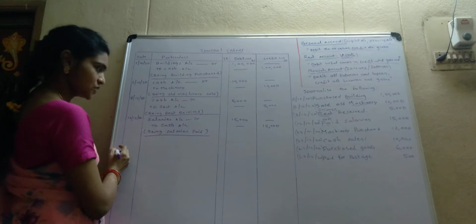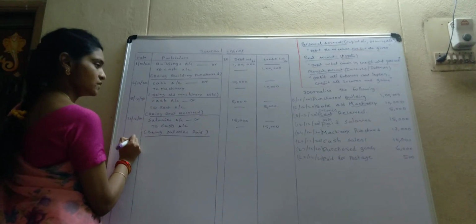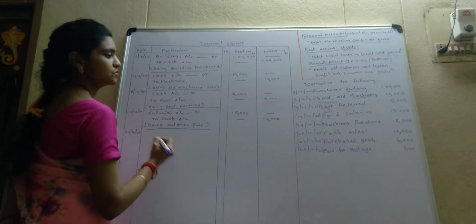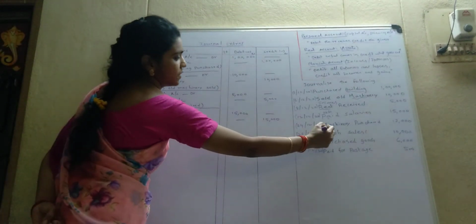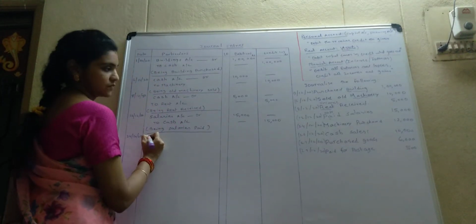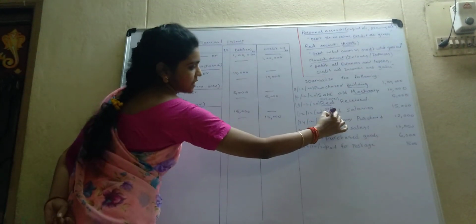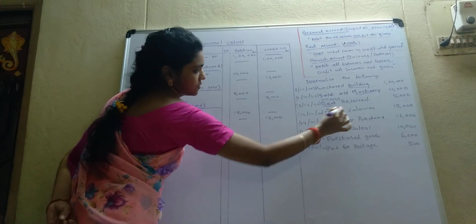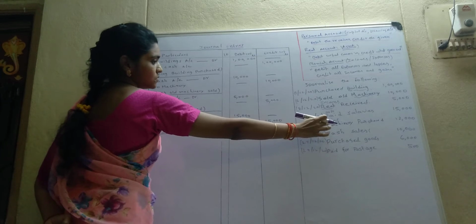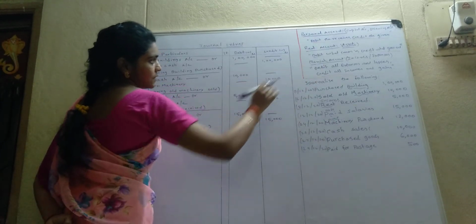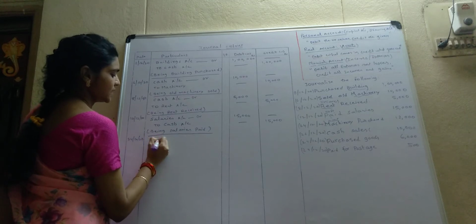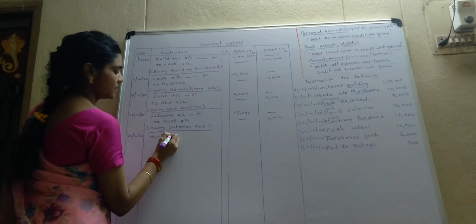And then the transaction is on 24/12/20. Now try to write this, machinery. You already know machinery belongs to which account? Asset. Assets belong to real account. So what we have to do? Real account rule is debit what comes in. What comes in? Machinery comes in. So we have to debit it.